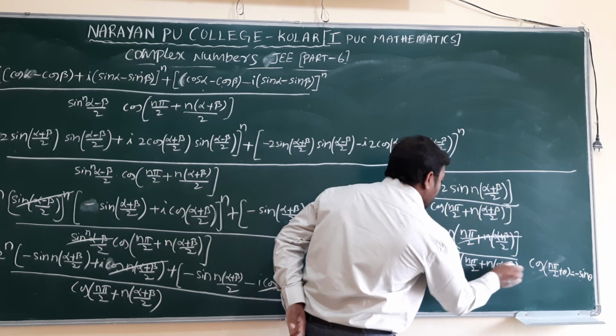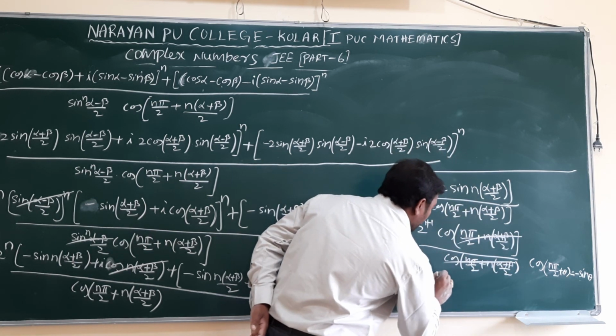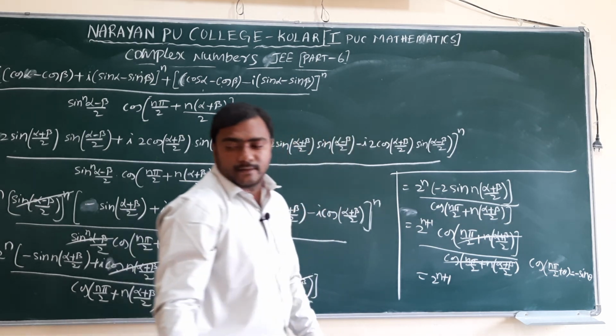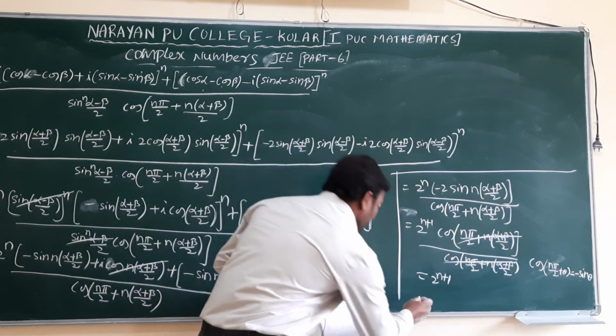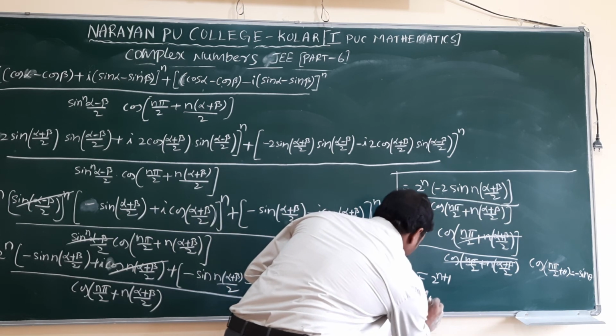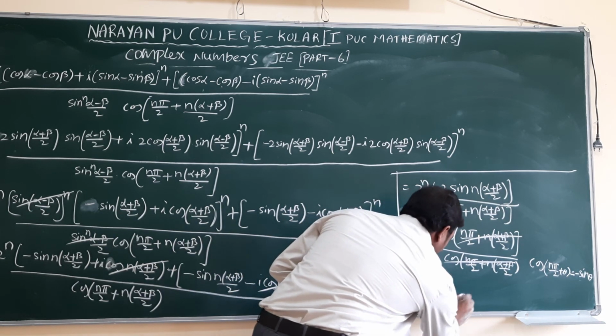We are able to cancel, remaining 2 power n plus 1. Option B is the correct option.